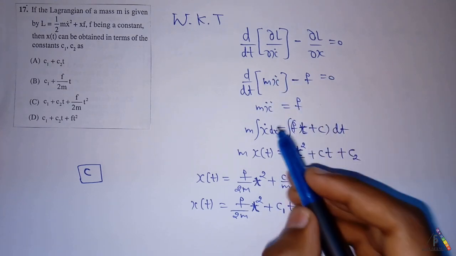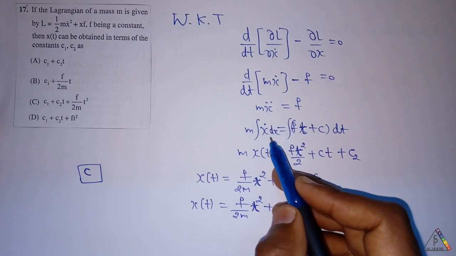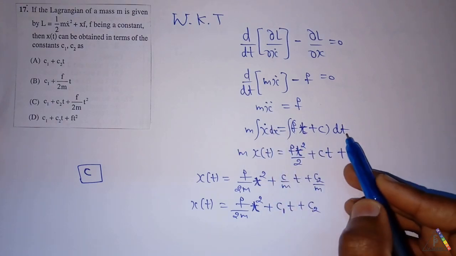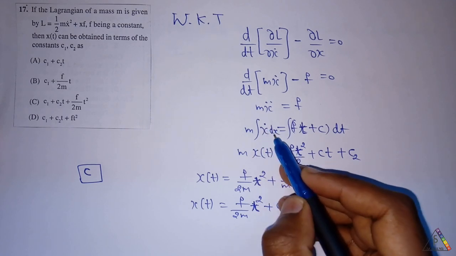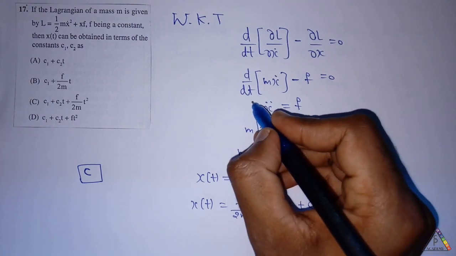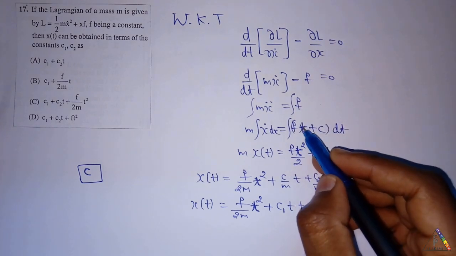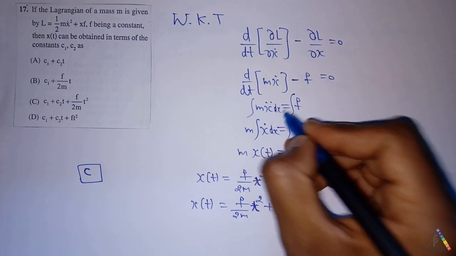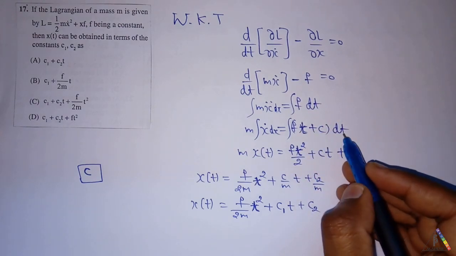By simplifying, we get m x double dot equals f, and by integrating over dt of this, we get m into x dot equals f into t plus c.